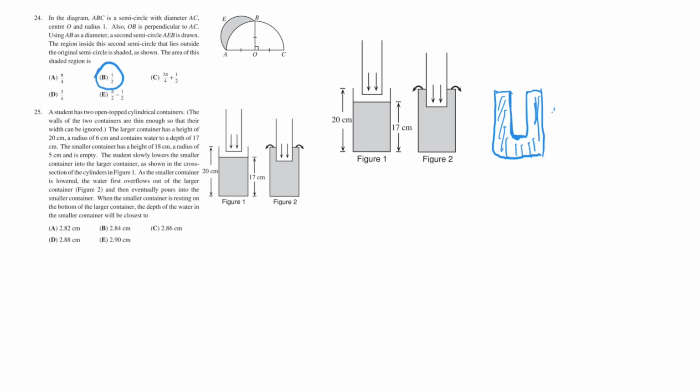The height of the larger cylinder is 20, the smaller is 18. So above the container, the height is 2. The smaller cylinder continues lower down. Finally, it rests on the bottom.